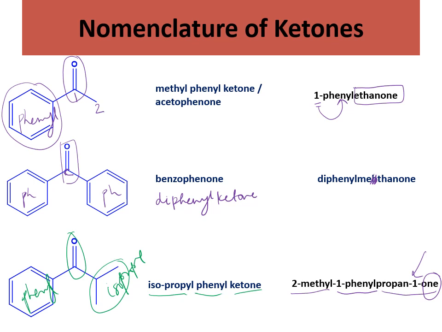And this part is not only useful for 1 mark questions like make the structure or write the name, because we have problems like what is the action of hydrogen on isobutylaldehyde, what is the action of hydrogen on methyl phenyl ketone, or what is the action of methyl magnesium bromide on benzophenone.